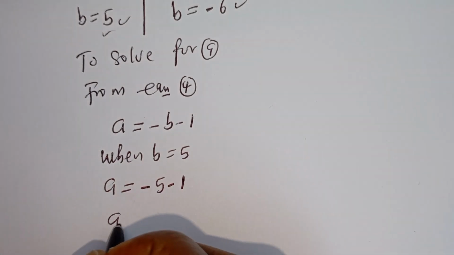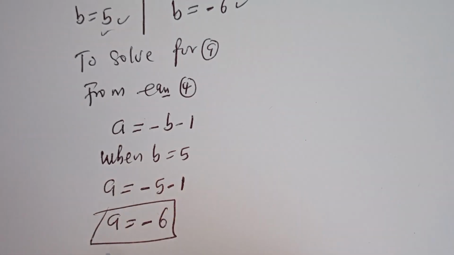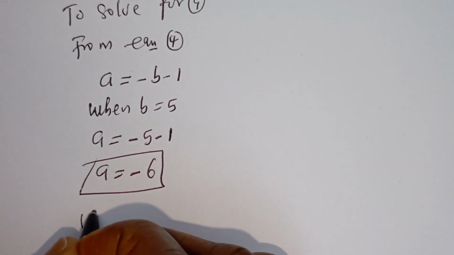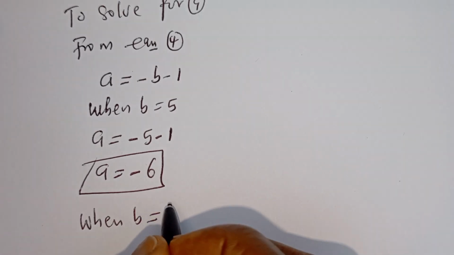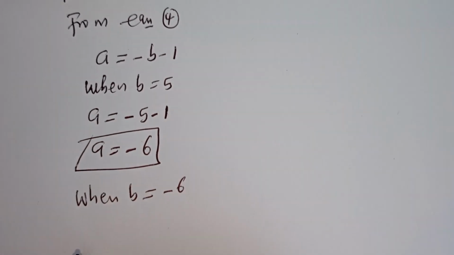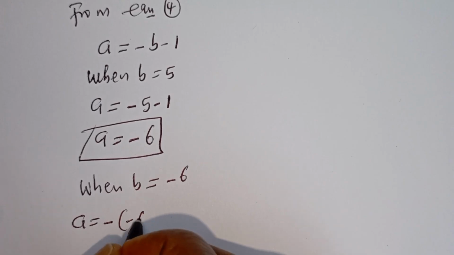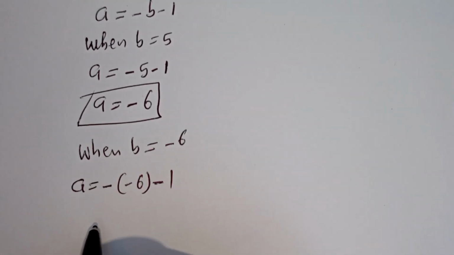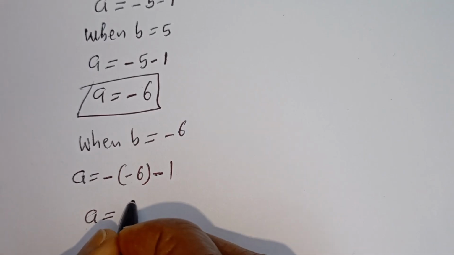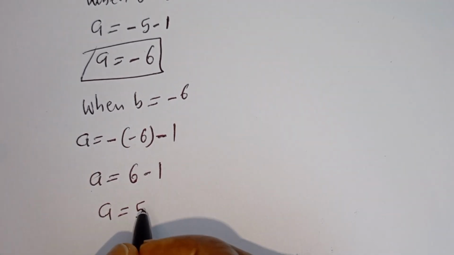Then a is equal to minus 6. Also, when b is equal to minus 6, then a will be equal to minus bracket minus 6 minus 1. a is equal to 6 minus 1. a is equal to 5.